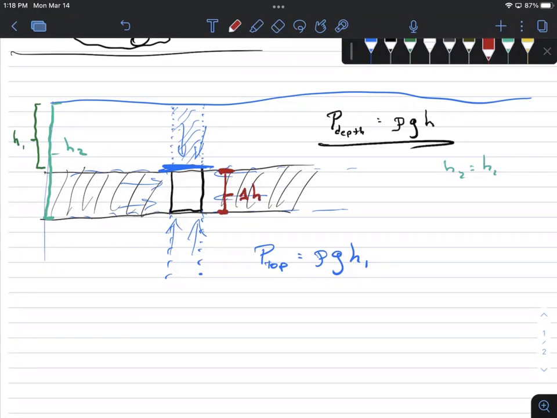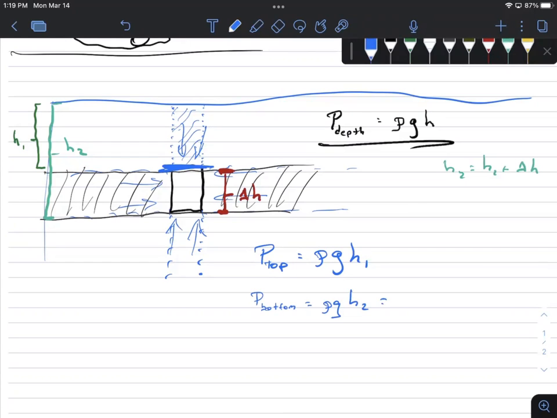This is kind of how math people do it. The top of the box is h1. The bottom of the box goes down to h2. And h2 is h1 plus the size of the box. And I call the size of the box delta h. So if this is true, then the pressure at the bottom is rho g h2, which is, oh, let me finish writing this, h1 plus delta h.